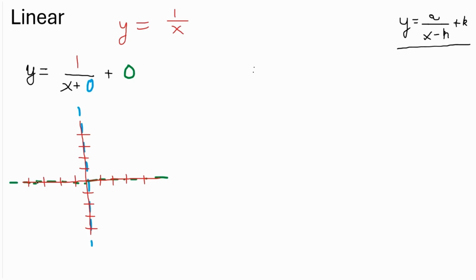You have your horizontal asymptote, which is your k value. You have your vertical asymptote, which is your h value. In a normal y equals 1 over x graph, the a value is 1, h value is 0, k value is 0, so our asymptotes are 0 and 0.